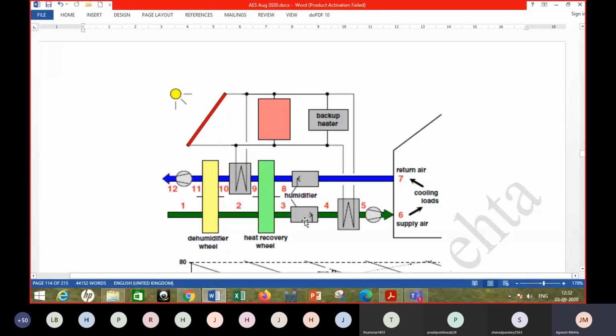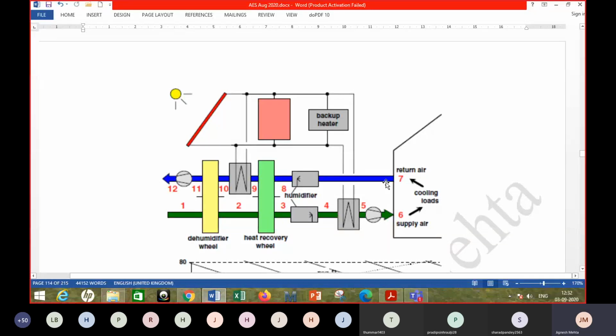Now, when you are supplying air into the room, you can take out an equal amount of air from the room. If you don't take it out, when you supply some air, the mass of air may remain constant and it will leak out. So rather than that, you take out some exhaust air, and that exhaust air can be utilized to recover the cold that you have produced here.